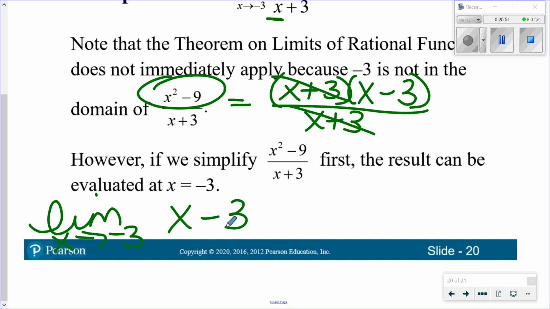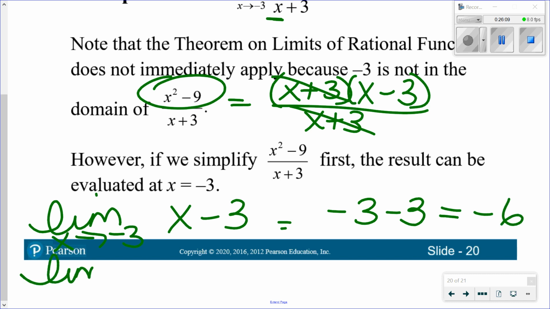Can I plug -3 in here? It doesn't cause a 0 in the denominator. It's not going to cause a negative under a radical, so let's go ahead and do that. So we have -3 minus 3, which equals -6. So the limit as x approaches -3 is -6.